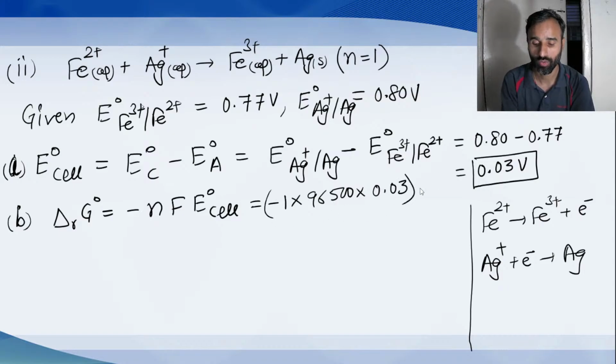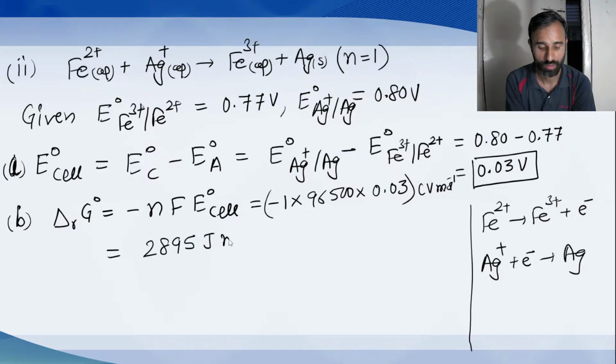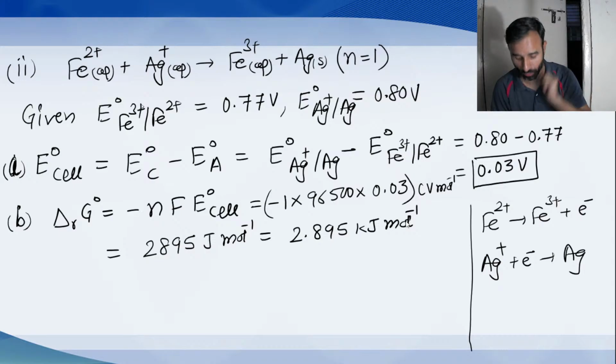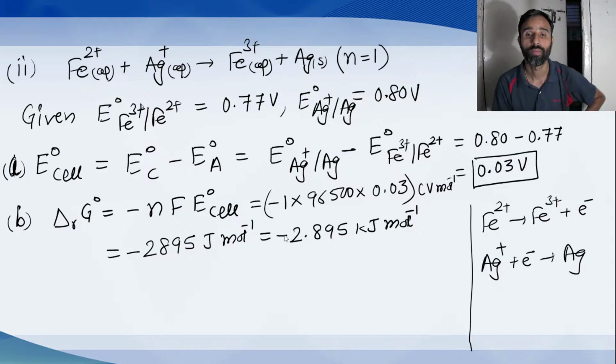So this is in coulomb volt per mole, which is equal to 96500 into 0.03, that is 2895 joule per mole, or 2.895 kilojoule per mole, but with negative sign, minus 2.895 kilojoule per mole.